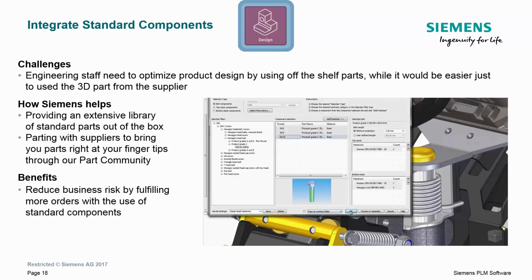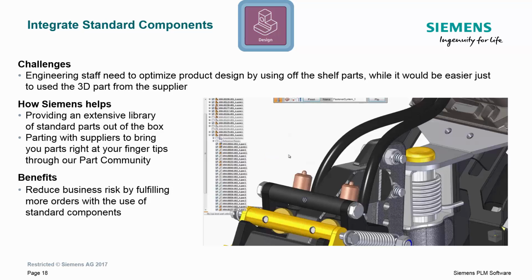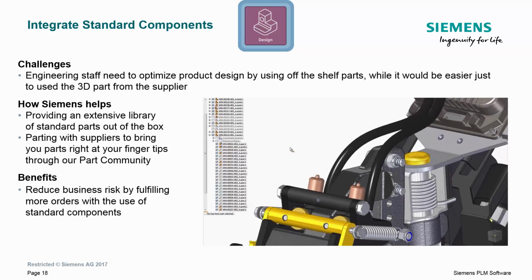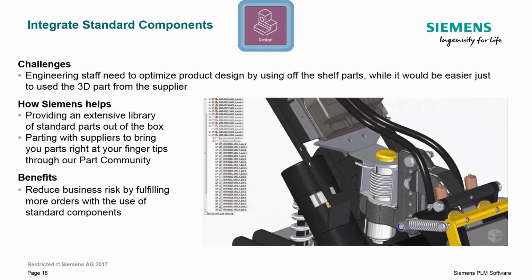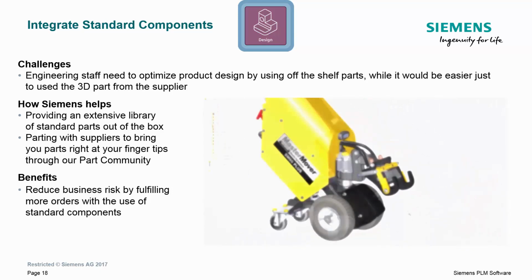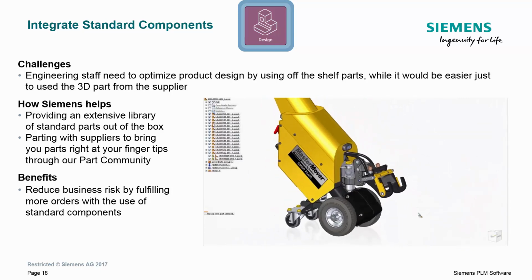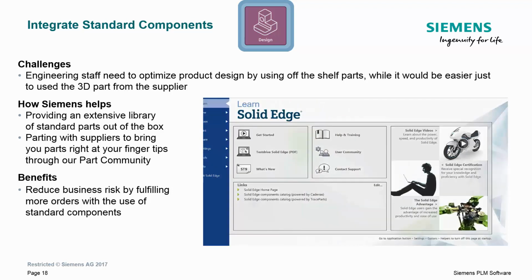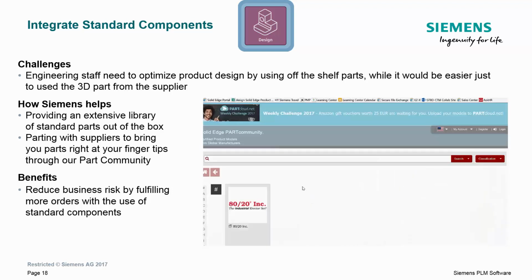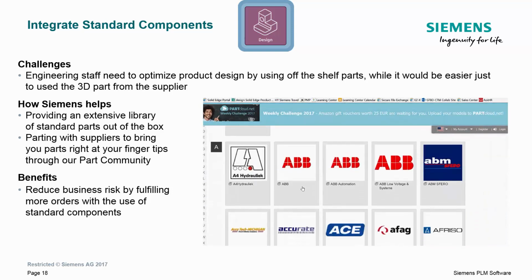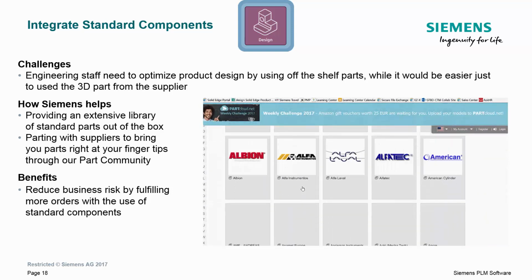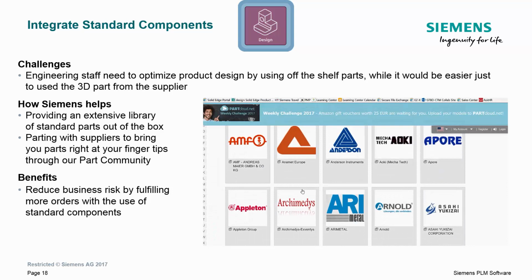A collection of fitting, standard fasteners will then be presented to the engineer to choose which set will work best. Once a fastener is selected, Solid Edge will automatically generate the parts and assemble them in place. But what about standardized, off-the-shelf parts that aren't fasteners? No worries. Solid Edge also has access to multiple part communities where customers and suppliers share their off-the-shelf components.